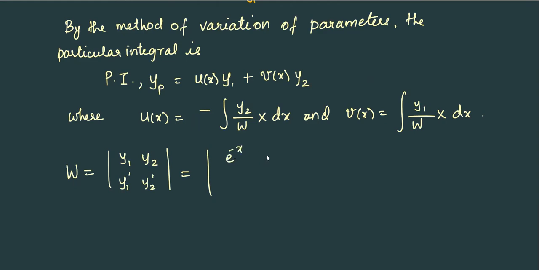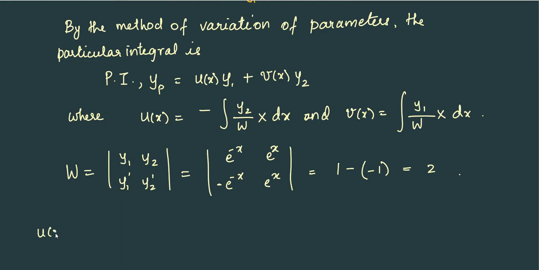So e power minus x, e power x. The first derivative is minus e power minus x. The second derivative is this. So we get 1 minus of minus 1. Again, we get 2. The Wronskian, we get 2.